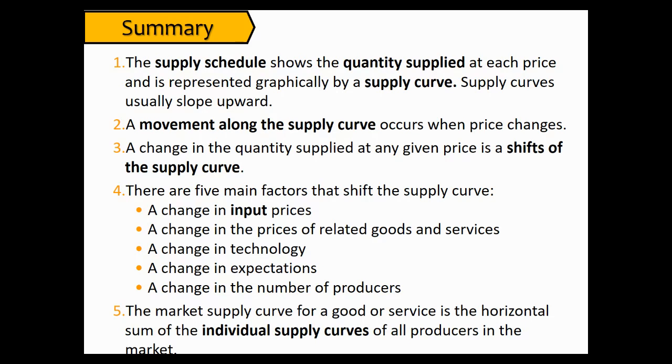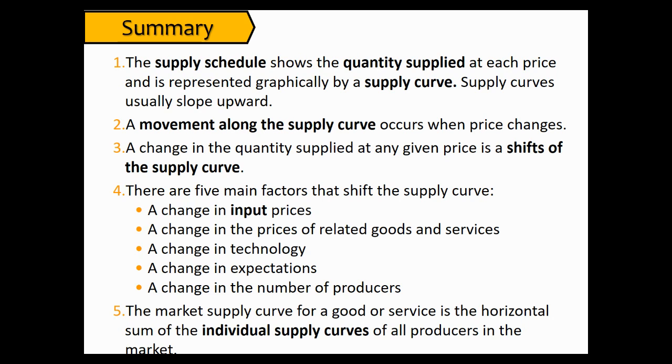Then we said there are outside determinants that shift the supply curve right or left. Now, your book talks about five main factors, but I include six because I use the government involvement one. So I use GI TOES: government involvement, input cost, technology or innovation, future expectations of prices, and number of suppliers.